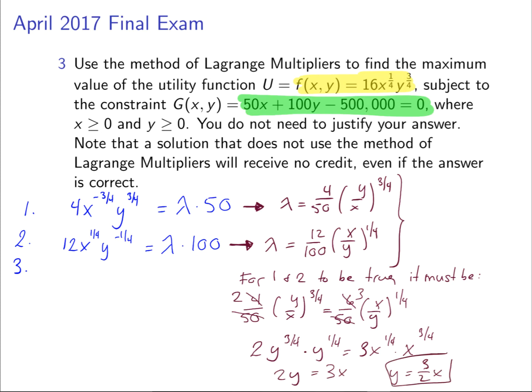The only possible way to have the first two equations true is to have y equals 3/2 x. Now we build in our constraint. We are only concerned with values of x and y where 50x plus 100y is 500,000.